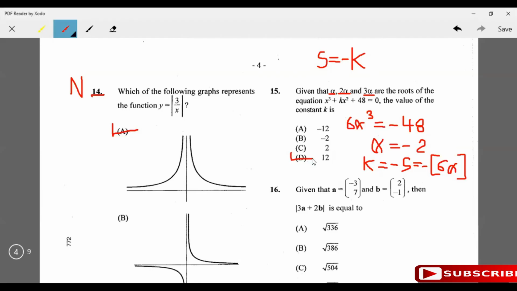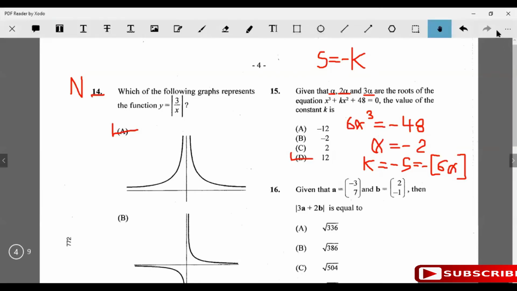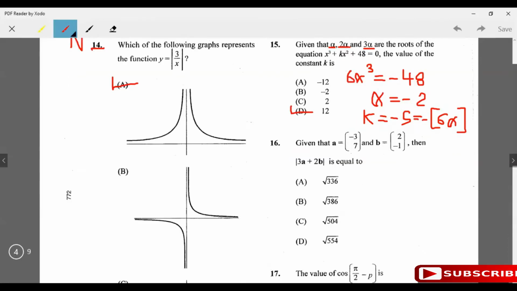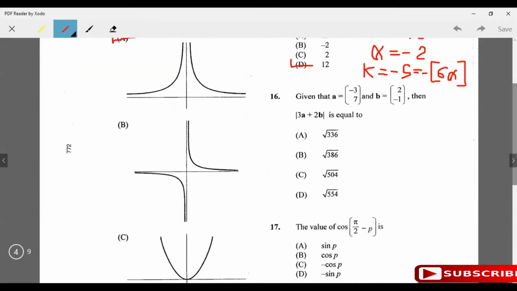All right. Let's go. Question 16 gives us a vector A and a vector B, and it asks us to find the modulus of 3A plus 2B. To do that, first we need to find the vector 3A plus 2B.